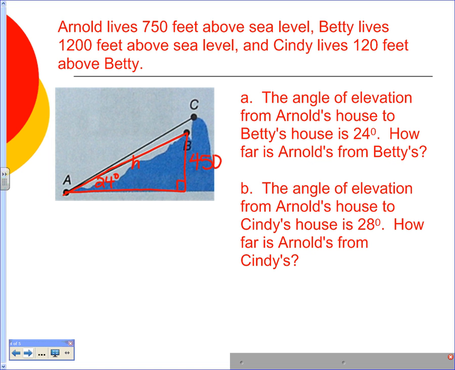What would you do for this one? We're looking at the green triangle. Ben says use 570 for the opposite side. Where did that come from?